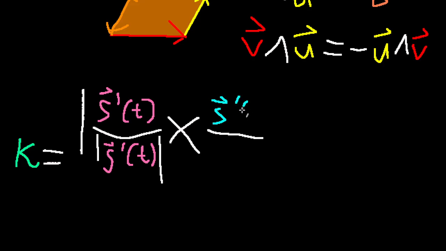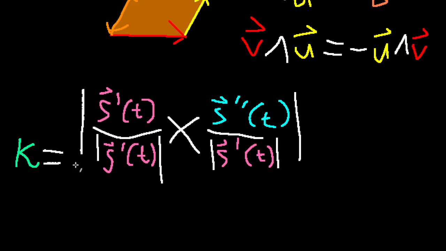So S double prime of t. And once again, we divide that by the magnitude of S prime of t. And then close off the magnitude here.